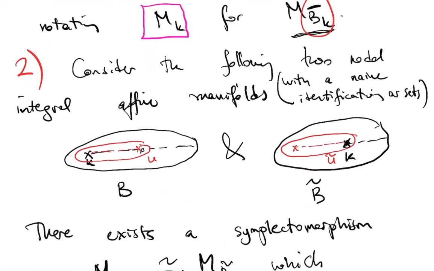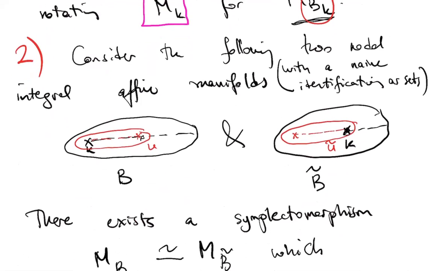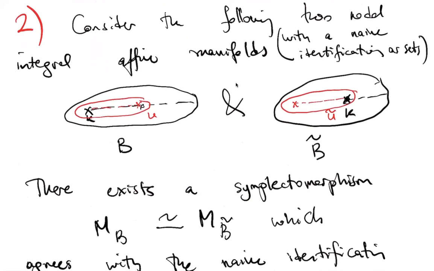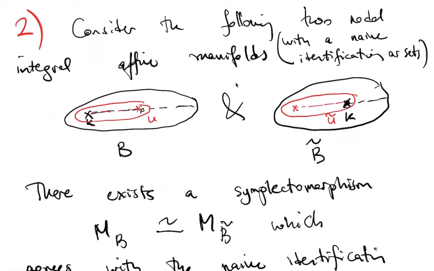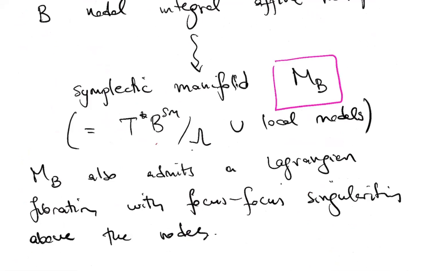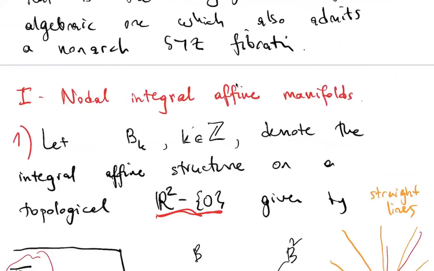Okay, so for nodal integral affine manifolds, there's this operation called the nodal slide symplectomorphism. So let me quickly try to explain what that is. So now if you consider this B and B tilde, they are just subsets of this picture that I have here.